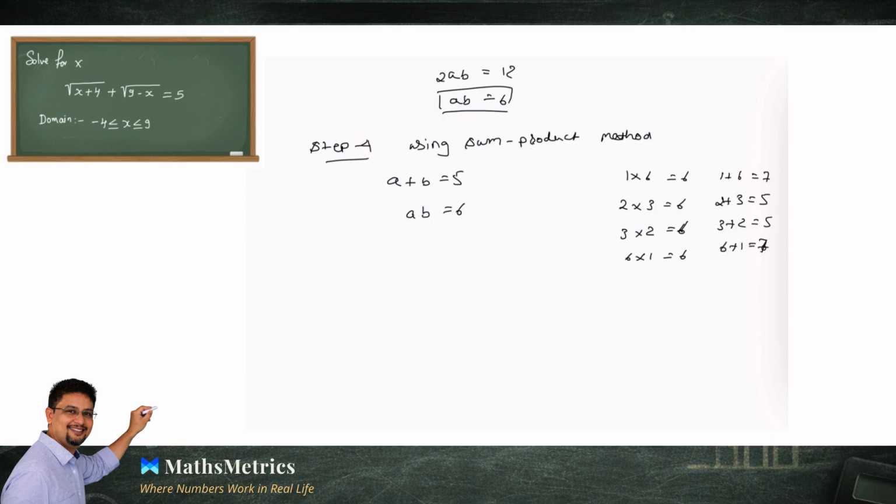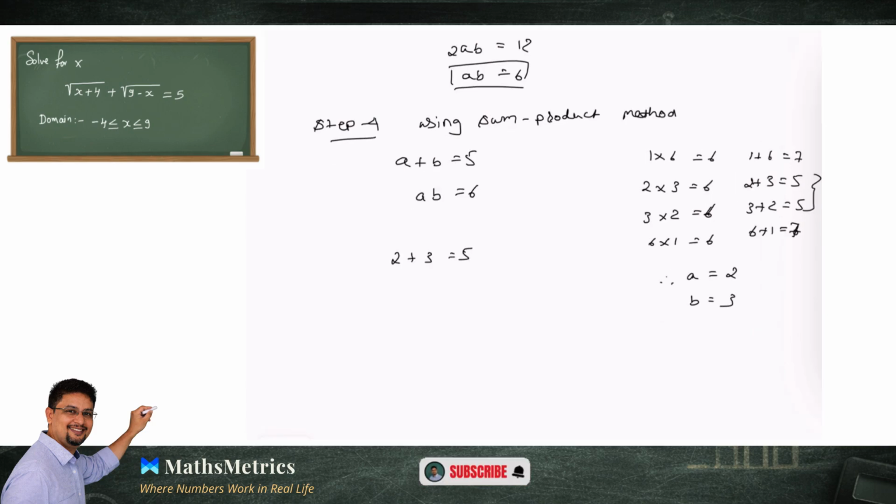Now we can notice that 2 plus 3 and 3 plus 2 give the answer as 5. So we can consider a as 2 and b as 3. We can write 2 plus 3 equal to 5, 2 into 3 equal to 6.